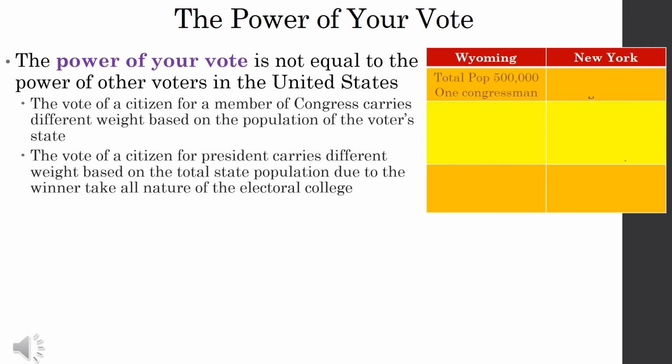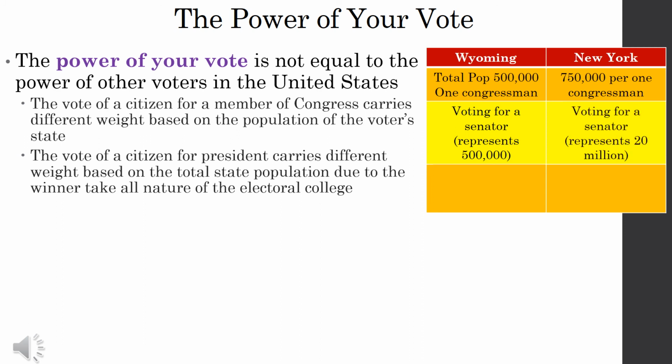In Wyoming, we have a total population of 500,000 people who are represented by one congressman. There are more congressmen in New York, but 750,000 people are represented by one congressman. It gets worse when you look at the Senate. Voting for a senator in Wyoming, that senator represents 500,000 Wyoming citizens.